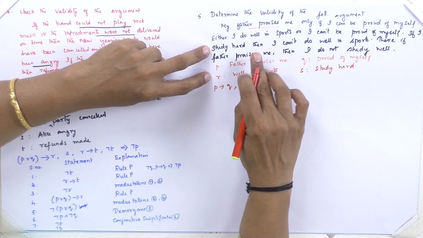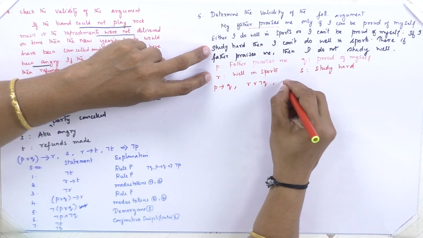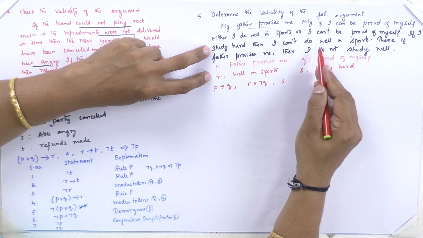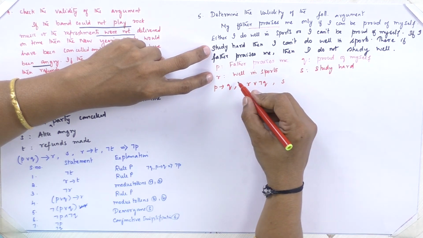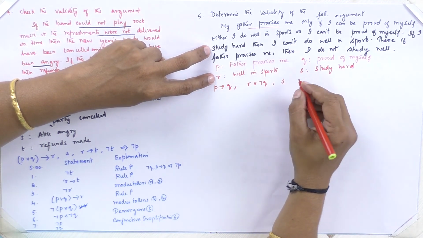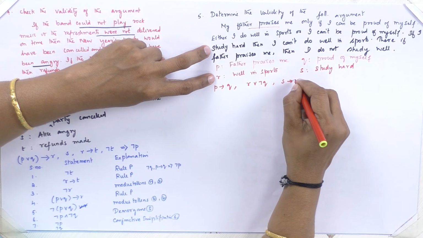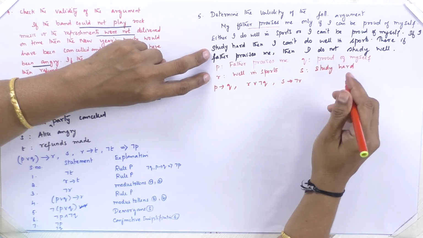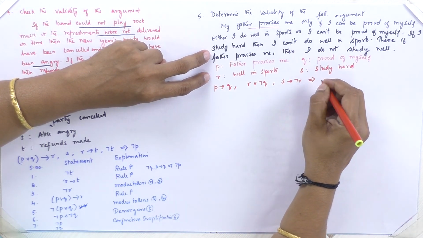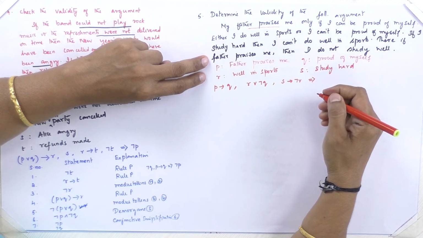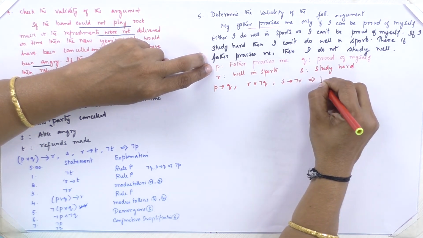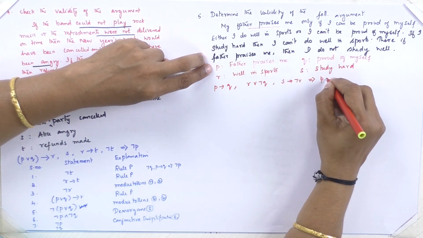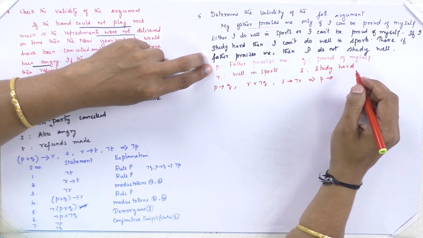If I study hard, yes, then I cannot do well in sports. Cannot do well in sports is negate R. Therefore, if father praises me is P, then I do not study well.